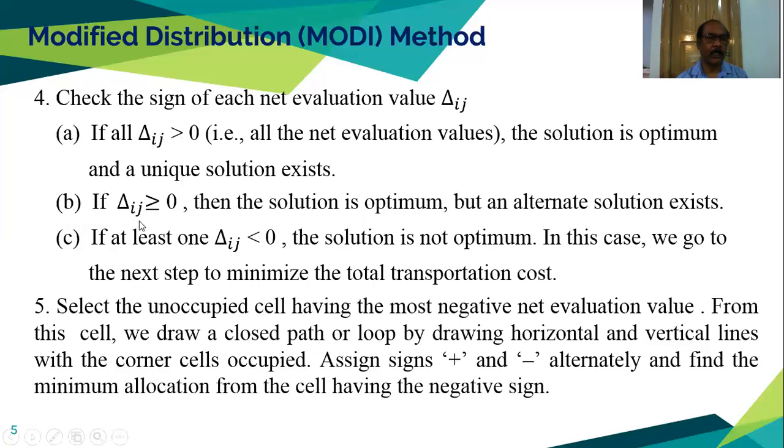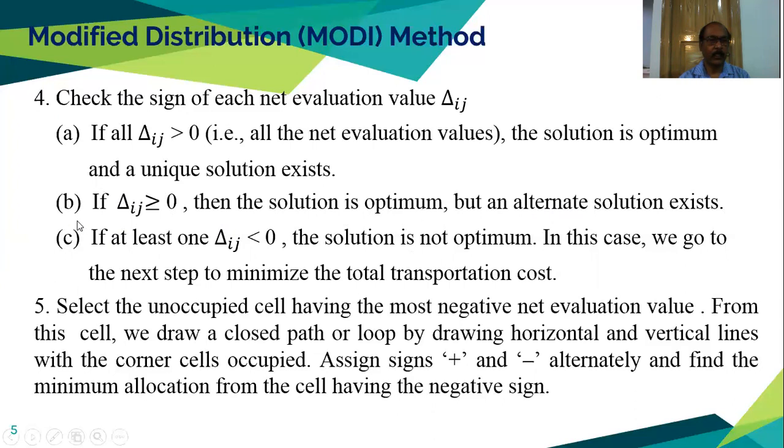If delta is greater than or equal to 0, then the solution is optimum, but an alternate solution exists. That means some delta is equal to 0. When at least one delta is equal to 0, the solution is optimum but not unique. Then an alternate solution exists.